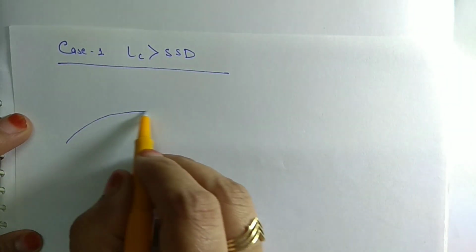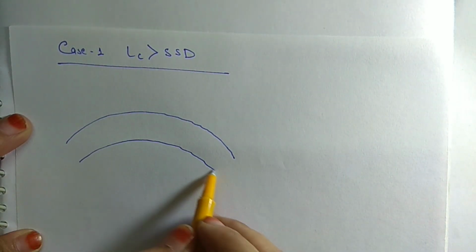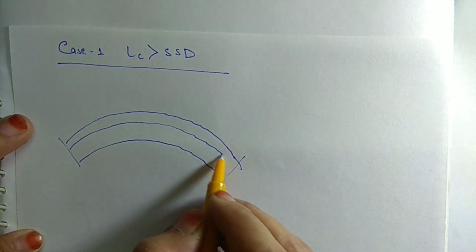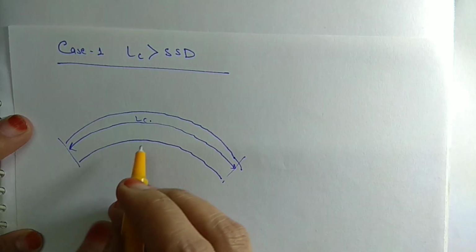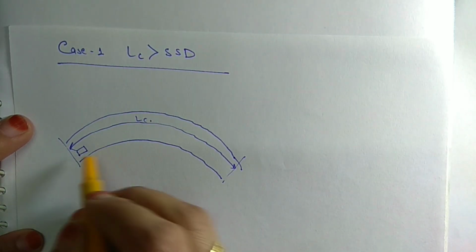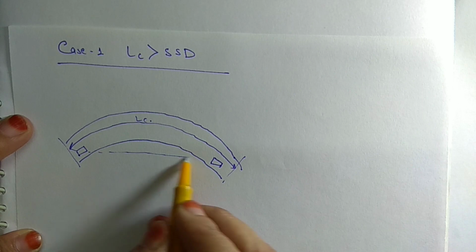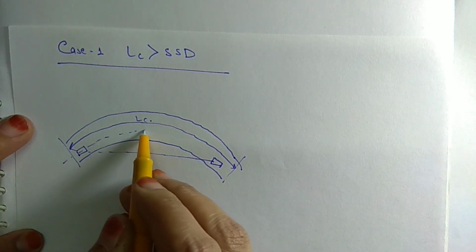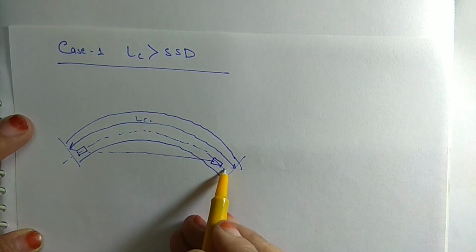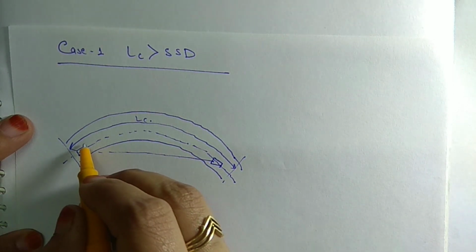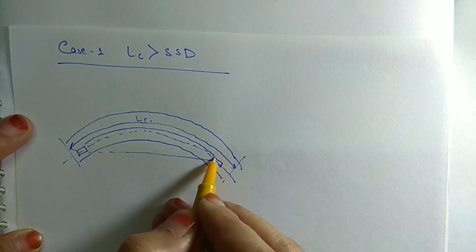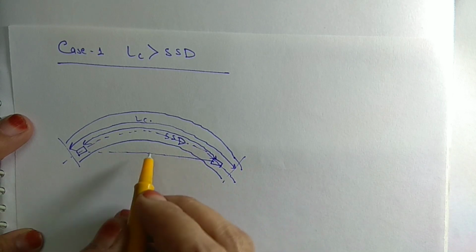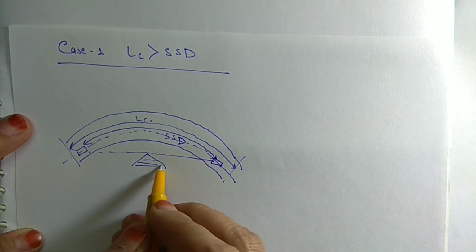Suppose this is any curve, and this is the length of curve, and these are the vehicles, and this is the visibility between the two vehicles, and this is the center line of this pavement, and this is SSD, stopping sight distance of these vehicles, and this is any obstruction or building.